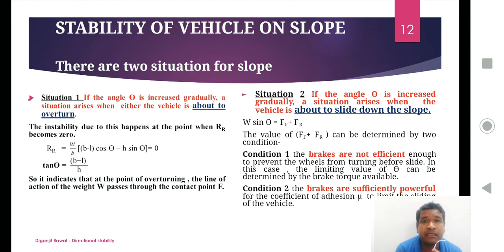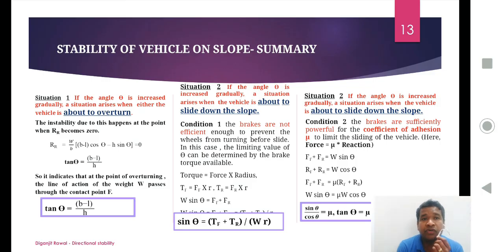In situation 1, we have to calculate tan theta is equal to (b minus L) upon h, and in situation 2, about to slide down the slope, we have to consider condition 1, the brakes are not efficient, and condition 2, brakes are sufficiently powerful. This is the comparison between the two situations, about to overturn and about to slide down the slope. And here we have summarized the complete stability of vehicle on slope.